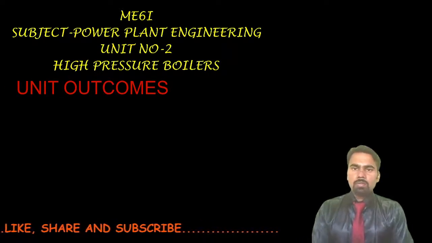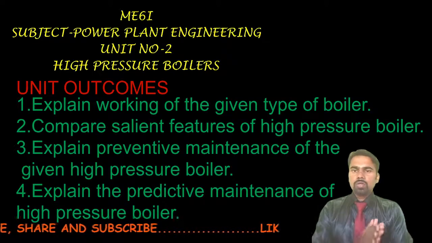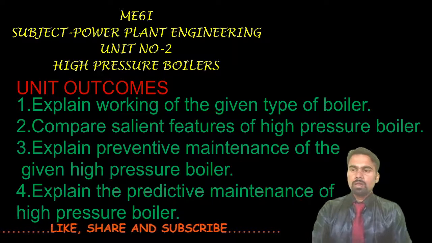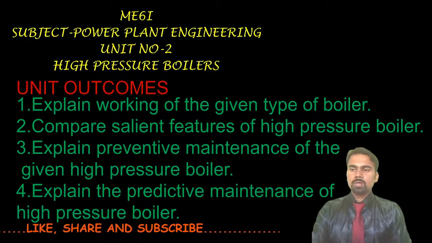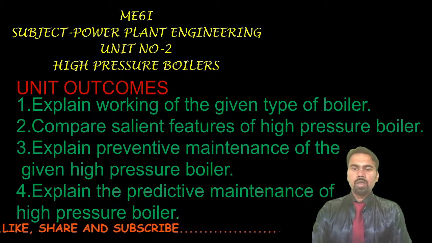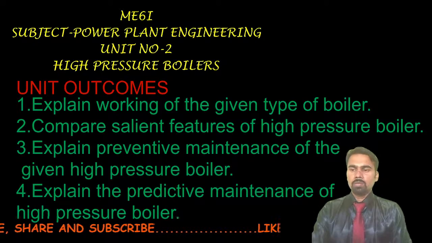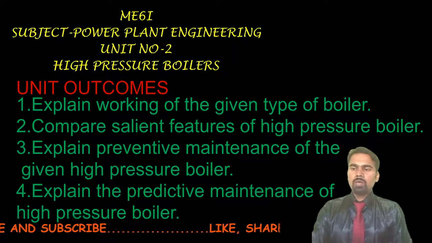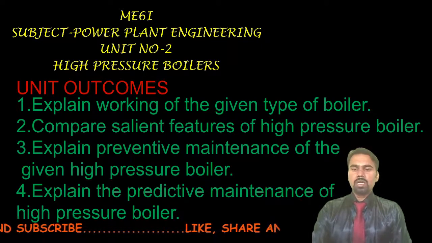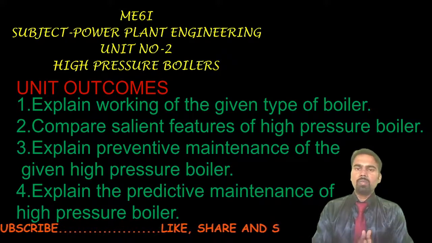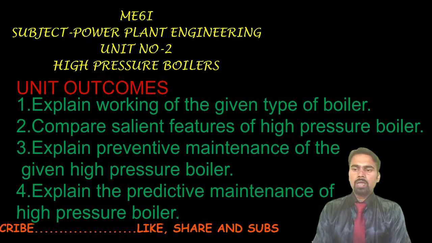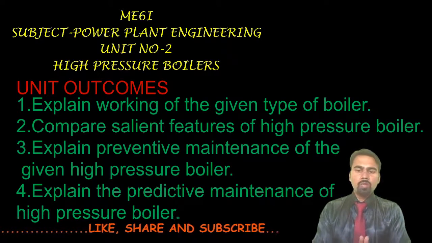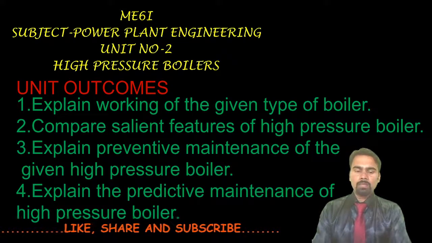Then the unit outcomes, meaning after completion of this unit number 2, high pressure boiler. The first outcome is to explain with sketches the working of the given type of boiler. Then you must be able to compare the salient features of given types of high pressure boiler.